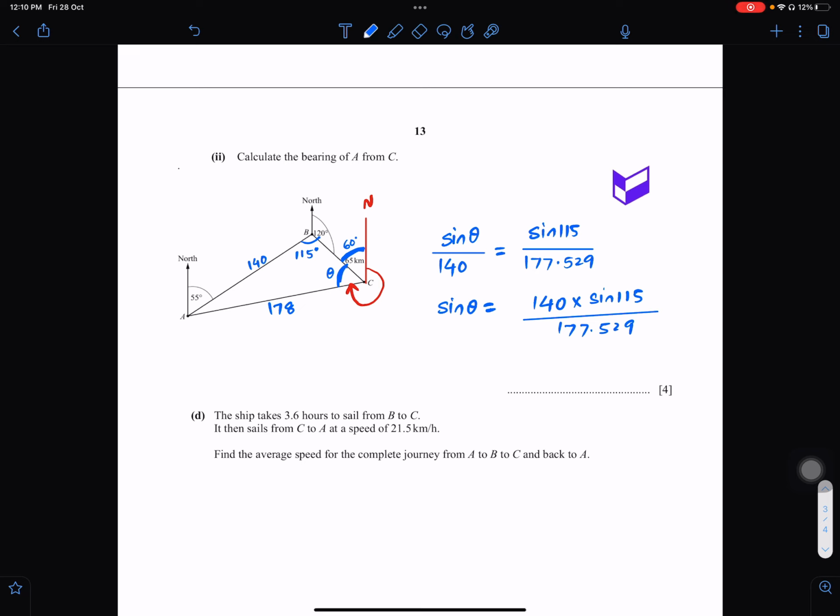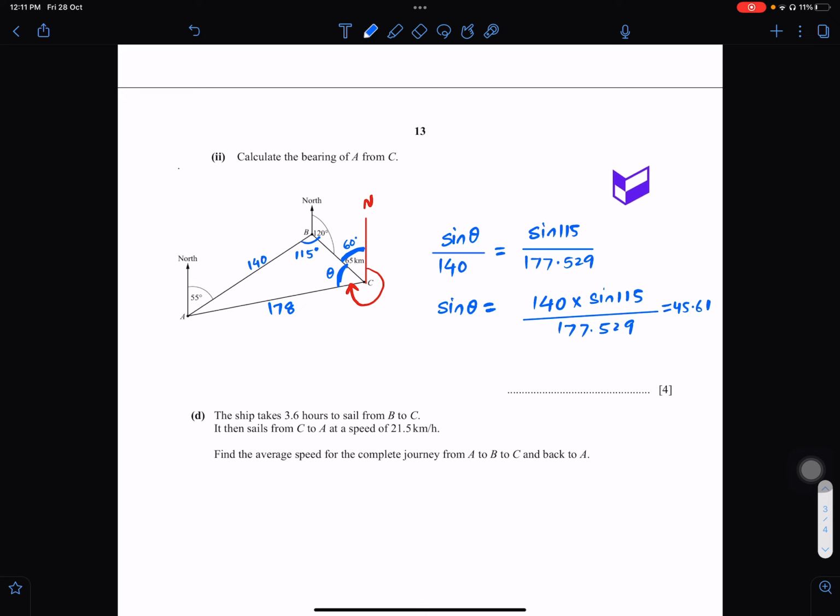So shift sine inverse and type this, which is 140 multiplied by sine of 115 divided by, shift answer is also available on a calculator. I get 45.61. 45.61 degree is this angle theta, which is one of the angles of the triangle.